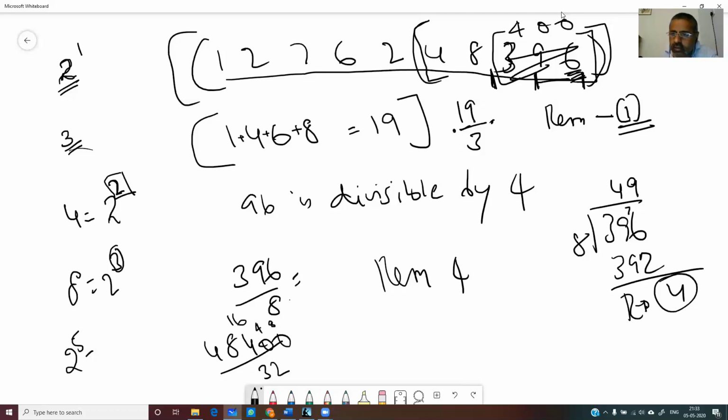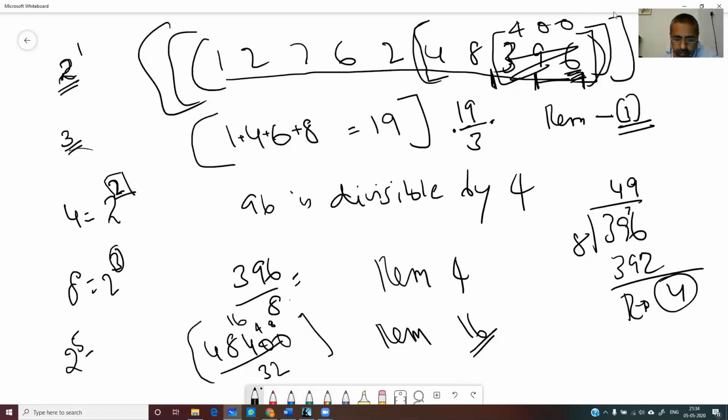This is not divisible by 32, and the remainder comes here as 16. So this whole number, when you divide by 32, the remainder is 16. It is not divisible by 32 because you're taking only the last 5 digits, and 48400 divided by 32, the remainder is 16.